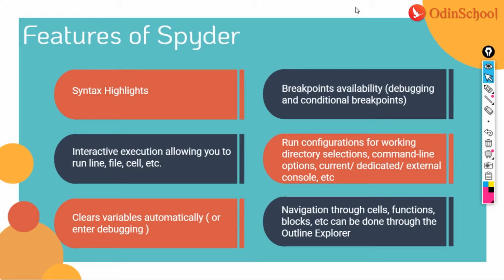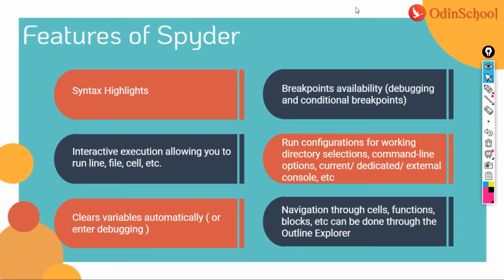And then when you talk about Spider, it automatically clears variables. Like when there is any step happening, you don't have to take the grunt of going ahead and deleting them. They do it themselves. The next one is navigation through cells, functions, blocks, etc. can be done through the Outline Explorer.